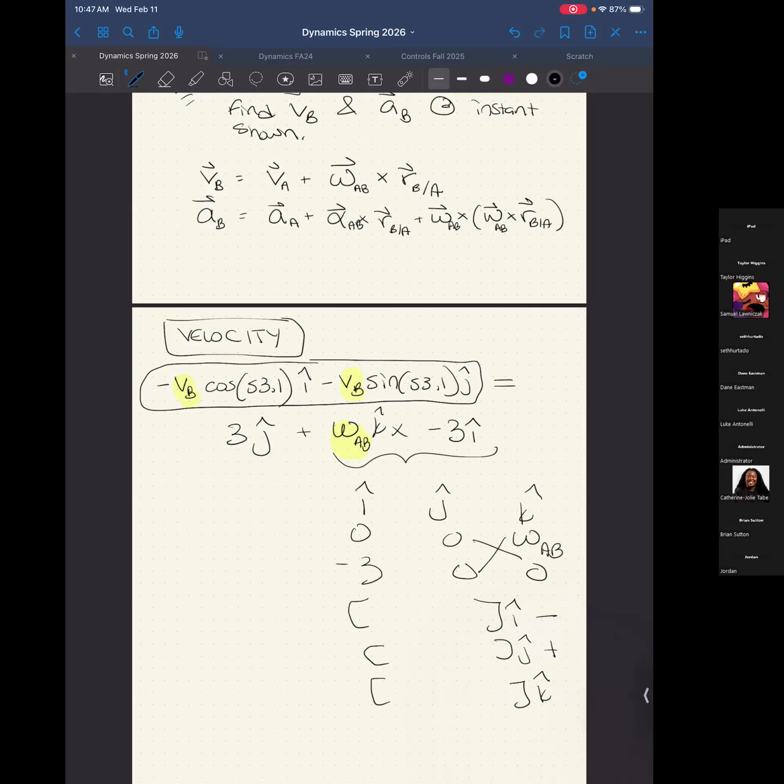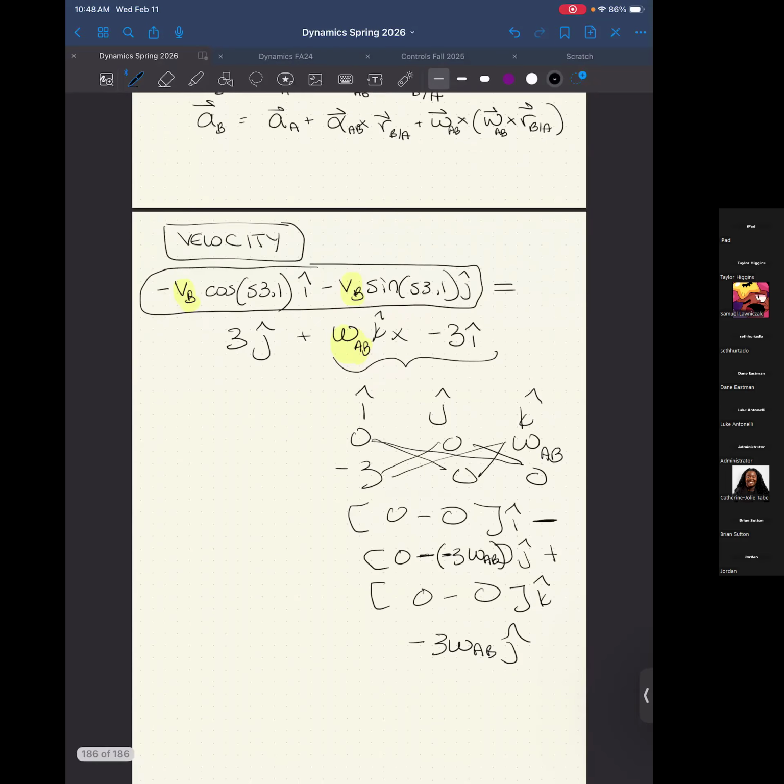Forward minus backwards, that's 0 minus 0. Forwards minus backwards, that's 0 minus minus 3 omega_AB. And then k hat is forward minus backwards, that's 0 minus 0. So with the negatives, I should get minus 3 omega_AB j hat.